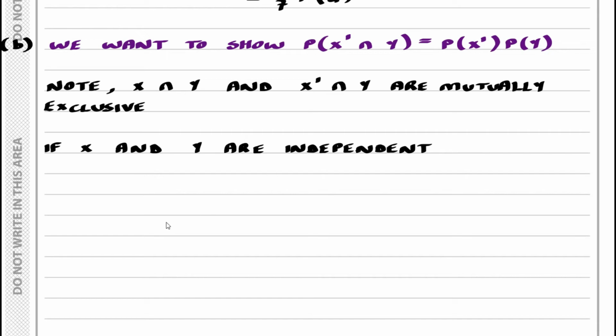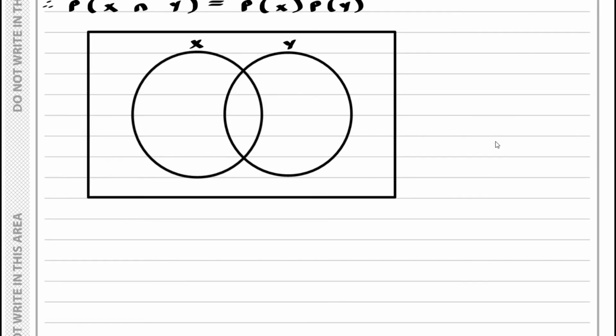If X and Y are independent, that means the probability of X and Y is equal to the probability of X multiplied by the probability of Y. Here we have our Venn diagram: X and Y dash, X dash and Y, and the intersection is given by X and Y. What doesn't go in these sets is X dash and Y dash.